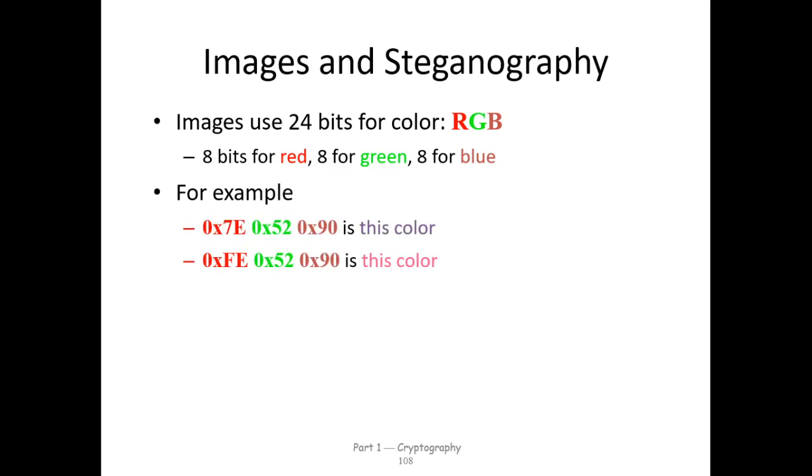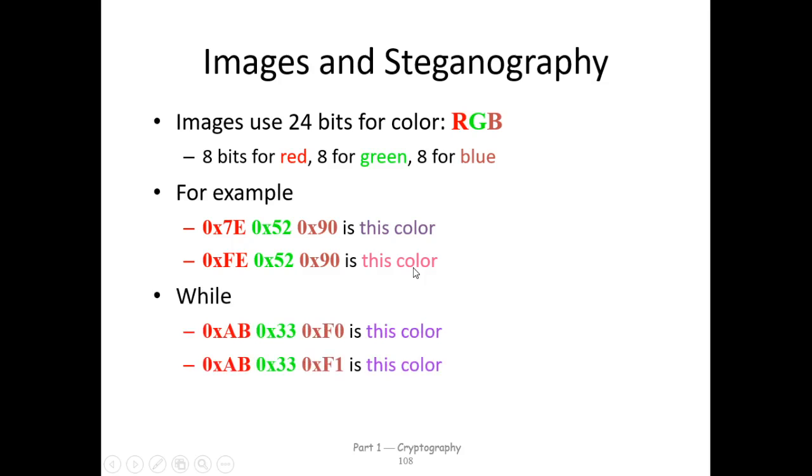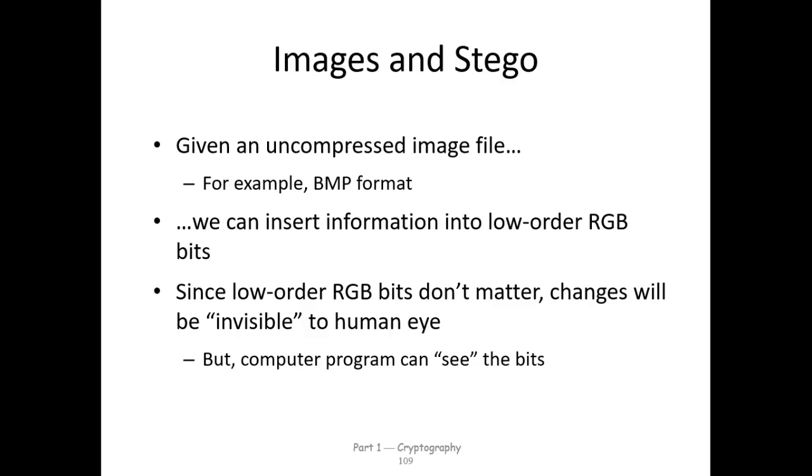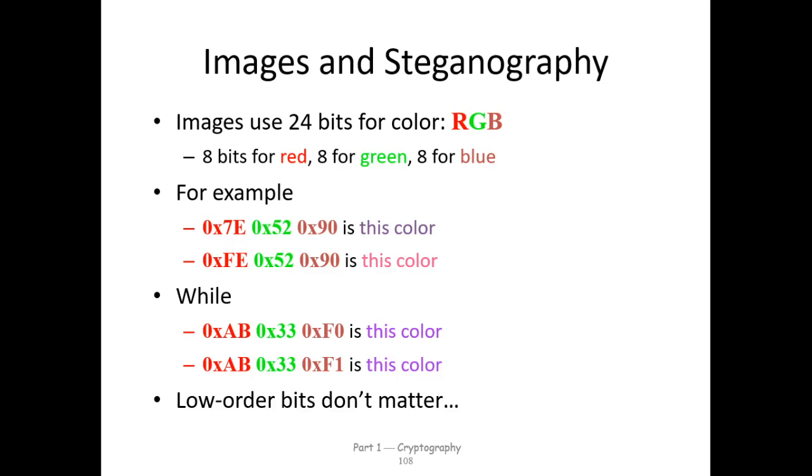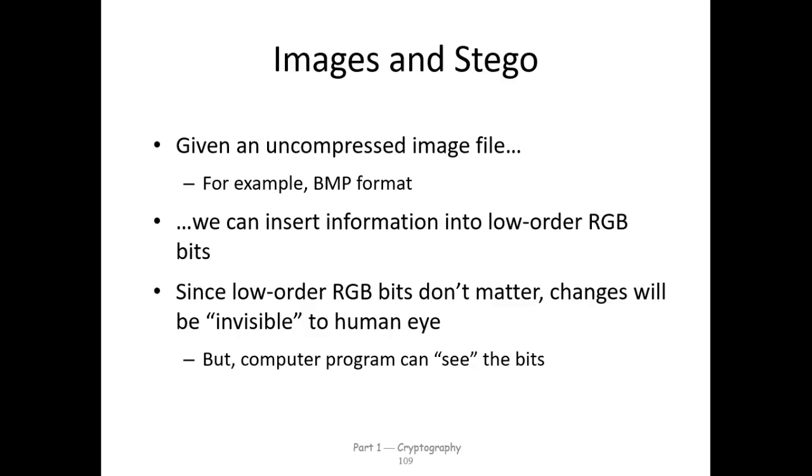For example, this is one color, and this is one more particular color. Here we have one more color, you can see this. Lower order bits don't matter. So we need to hide the information in the color images itself.